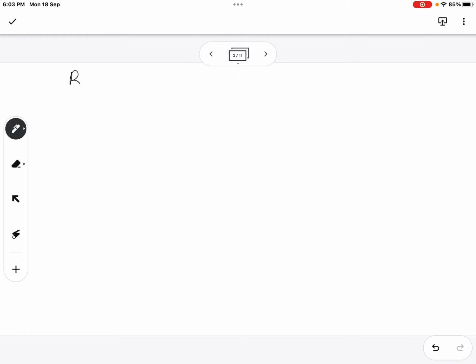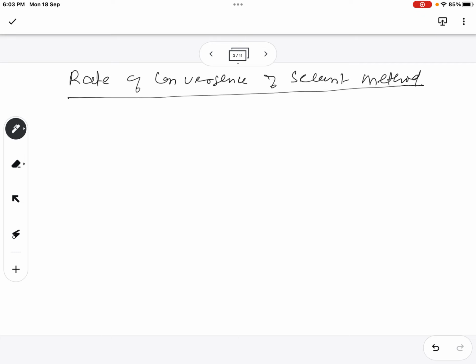Now in this method, let us see the rate of convergence. To understand it, let us say alpha is the actual root of a function.